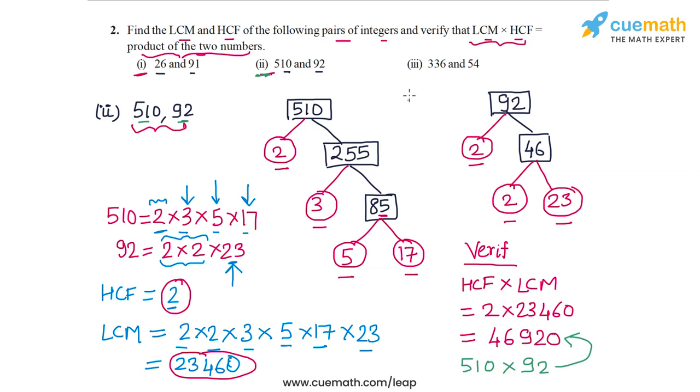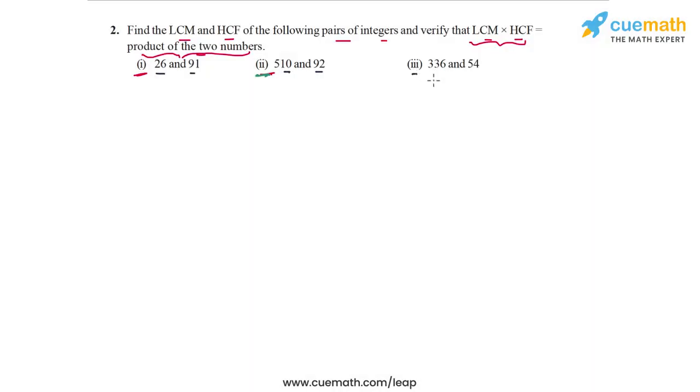Now let's do part 3. So in part 3, the pair of integers is 336 and 54. So to prime factorize these integers, let's build factor trees again. So let's start with 336.